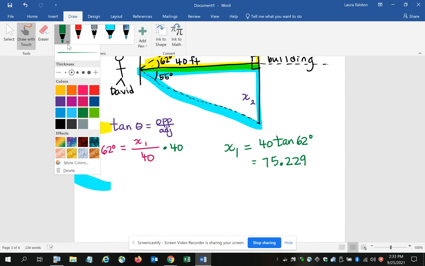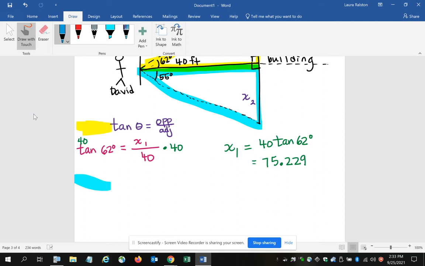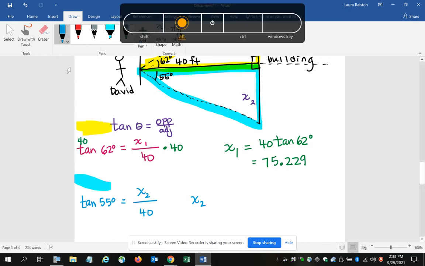And again, we know the adjacent and we're looking for the opposite. So again, we can use tangent. We're going to have tangent of 55 degrees equals x2 over 40, which gives me x2. Whoops, skipped a step there. Sorry, getting carried away.